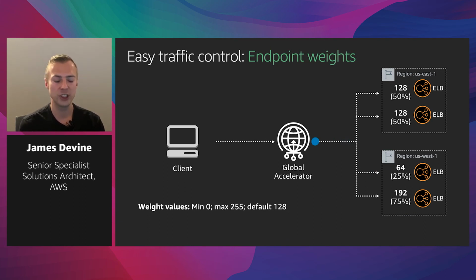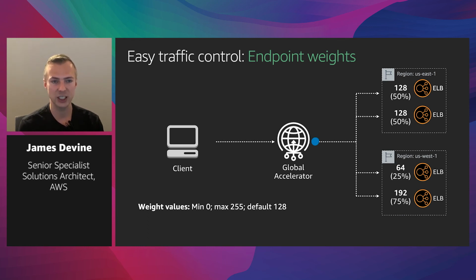Aside from influencing traffic to the region, we have control over traffic within the region through endpoint weights. Our max weight is 255, the default is 128, and we can tweak those numbers from there to control our traffic flow. So we can see in US East 1, we have the default of 128, so traffic will be evenly split between the two ELBs.